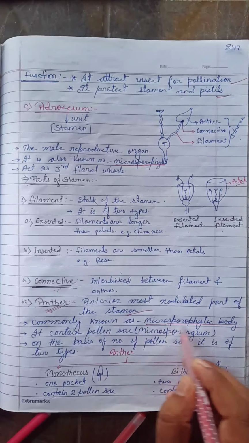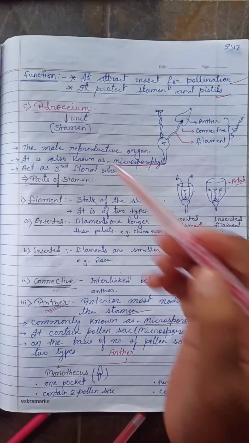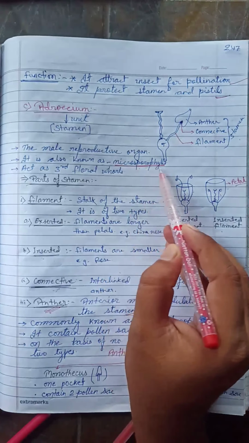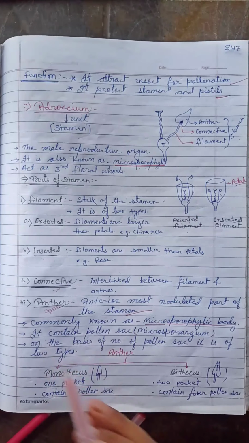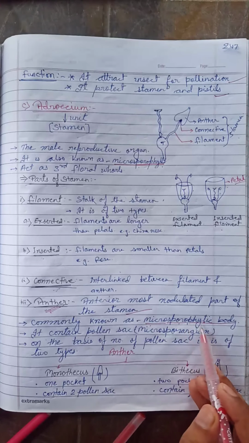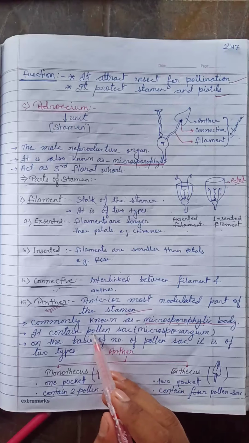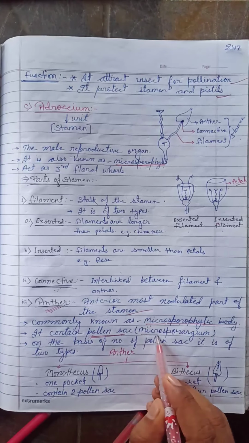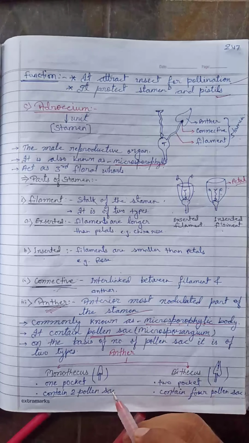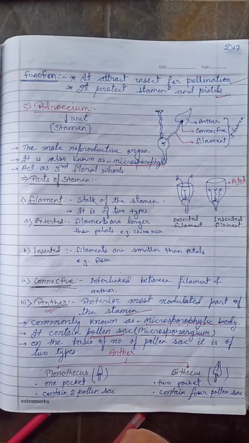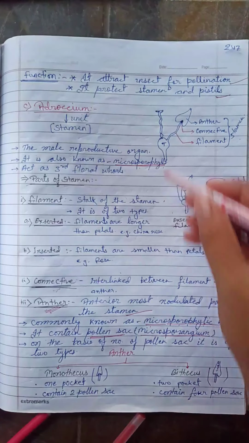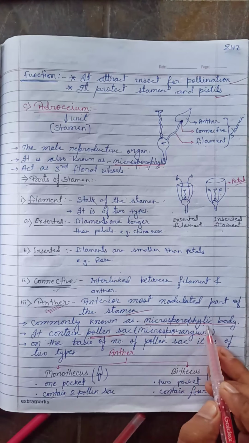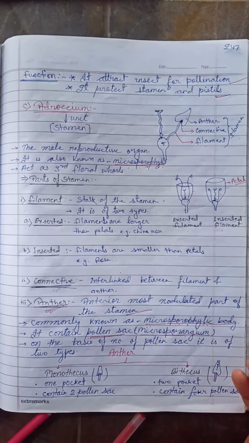The anterior-most part or nodulated part of the stamen is called the anther, commonly known as the microsporophyte, whereas the androecium is called microsporophyll and the anther is called microsporophyte. It contains a pollen sac, and the pollen sac is called microsporangium. Don't be confused between these three names: microsporophyll, microsporophyte, and microsporangium.